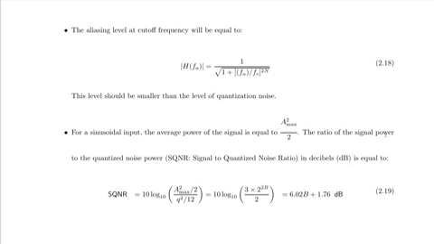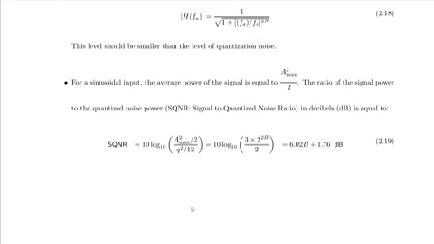The ratio of the signal power to the quantized noise power, that is SQNR, signal to quantization noise ratio, in decibels, is equal to 10 times log10 of (A_max squared divided by 2) over (Q squared divided by 12), which leads to 6 times B plus 1.76 dB.